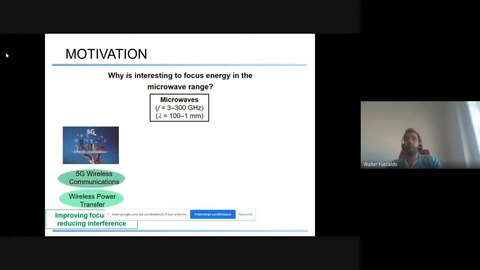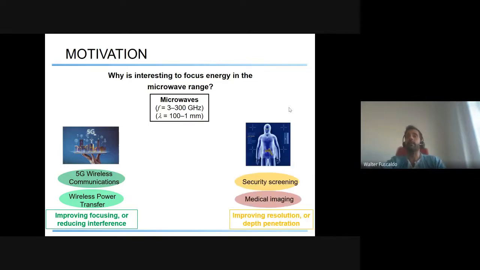So when the frequency is lower than the optical range, as at microwave frequencies, the application of focused beams can be of great interest in areas such as 5G wireless communication or wireless power transfer, because in this frequency range it is possible to improve the focusing and reduce the interference among different communication channels.